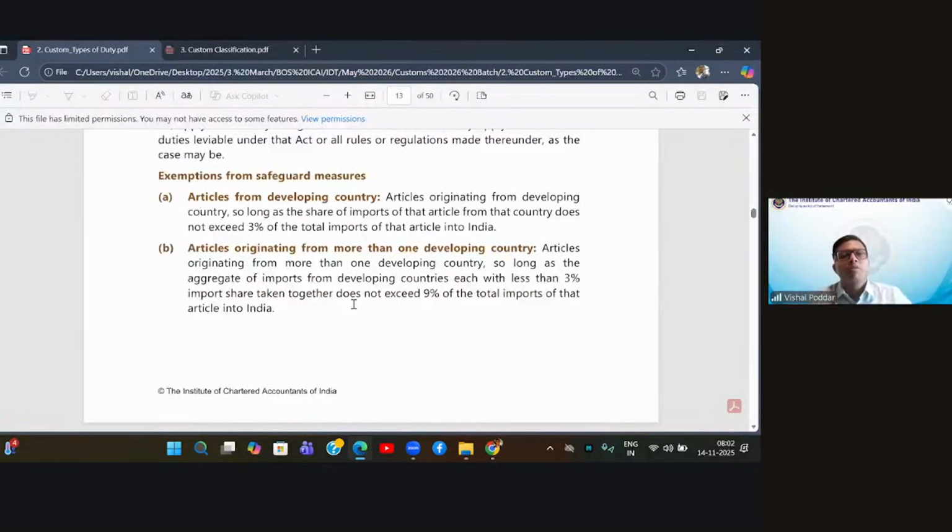Now, who are given exemption from the safeguard duty? So if the goods are coming into India from developing countries, up to 3% of total imports can be allowed without levy of safeguard duties from one developing country.